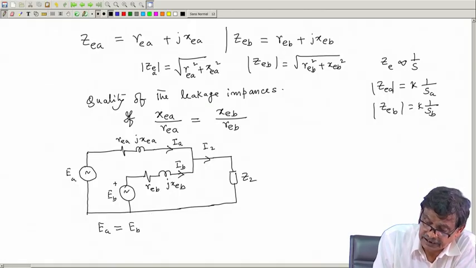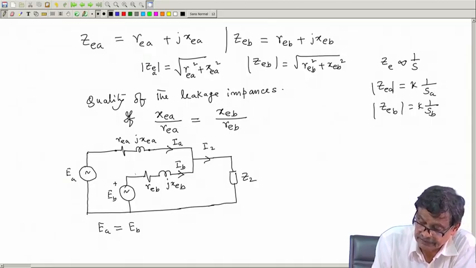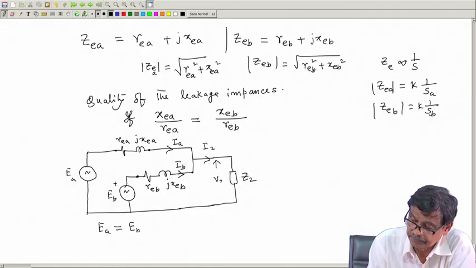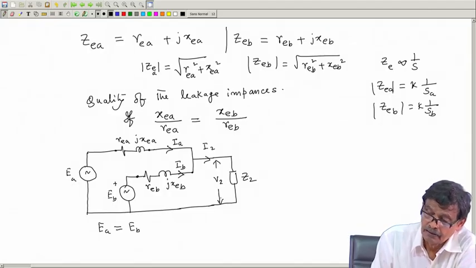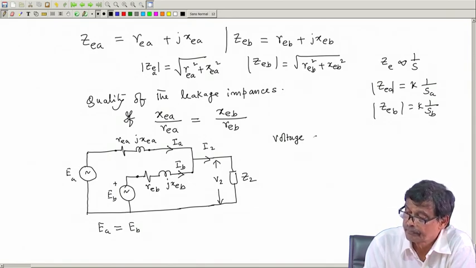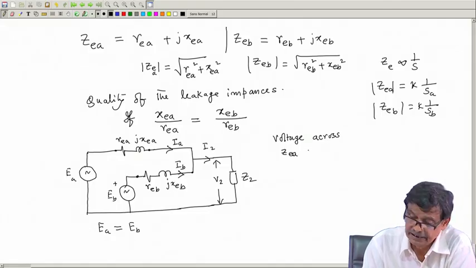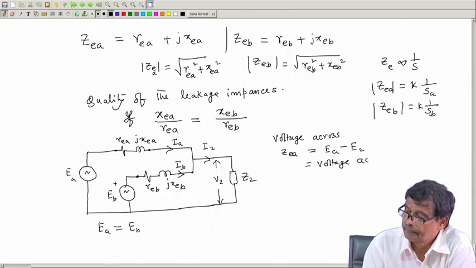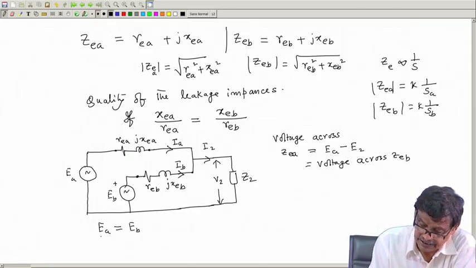Now, I will calculate the voltage across each of the impedances. This voltage is, suppose, V2. Then the voltage across JDA is equal to EA minus V2, which is the same as the voltage across JDB, because of the same V2 and EA equal to EB.